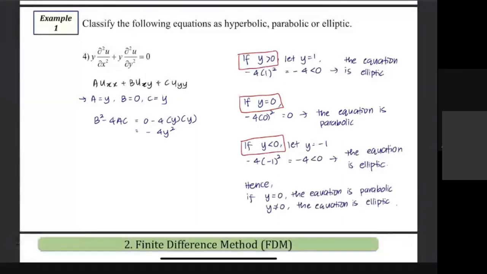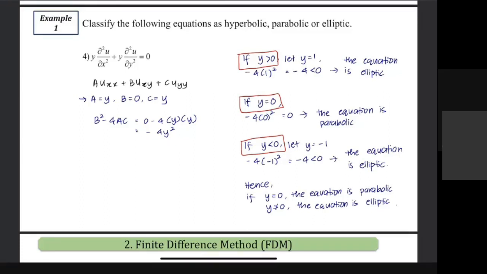Okay, what if, after you substitute for this equation 4, we have A equal to Y, B equal to 0, C equal to Y. And then when you substitute in B square minus 4AC, you will get negative 4Y square.